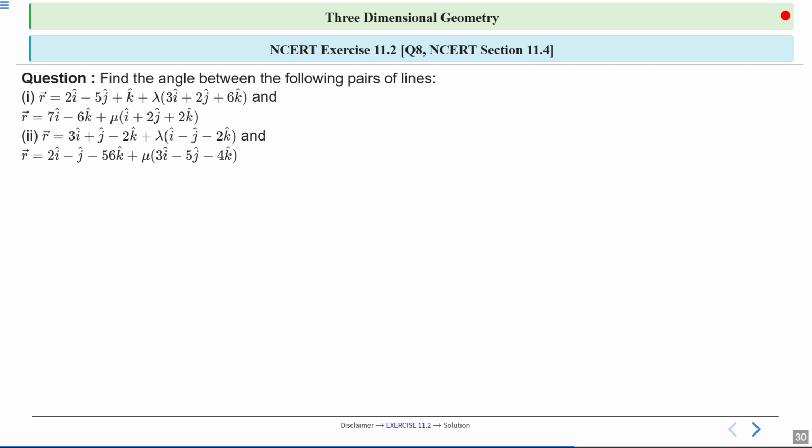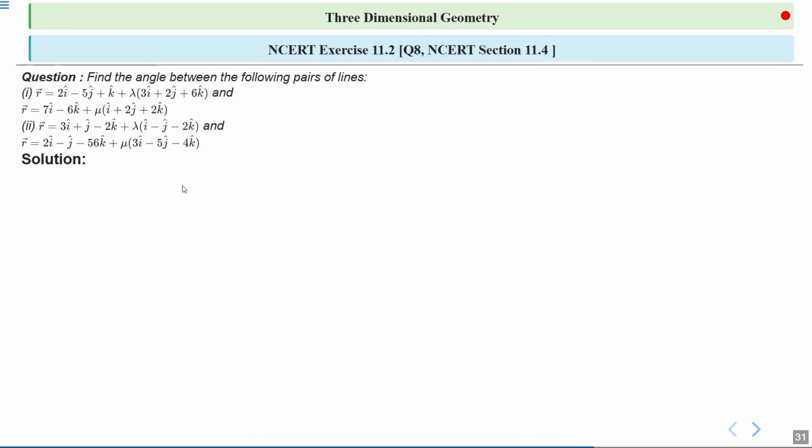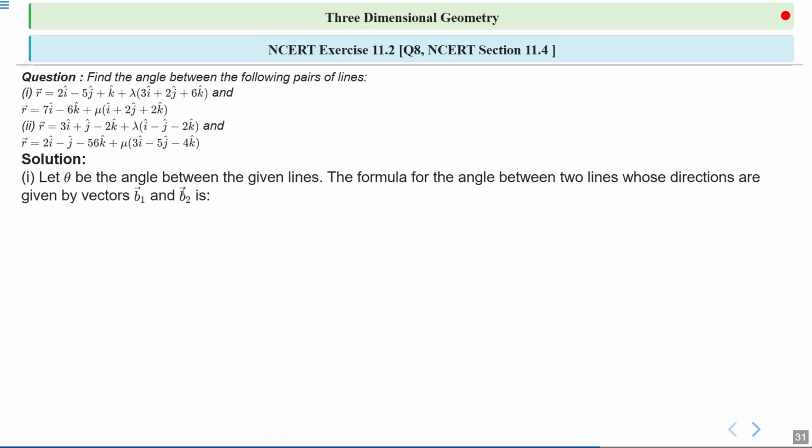In this question, we are given two pairs of lines in vector form. For each pair, we need to find the angle between the two lines. So first of all, think about this: how would you approach this question, and then the solution. Let theta be the angle between the given lines.